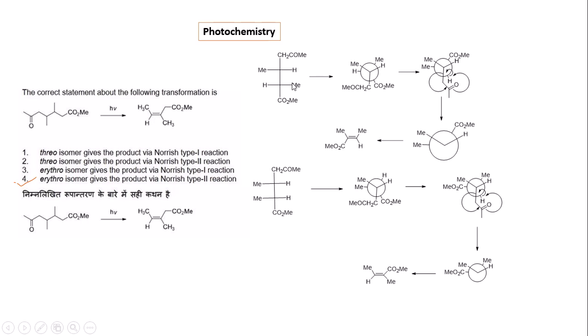In the substrate, if we take the threo compound, after the beta hydrogen abstraction and the beta CC bond cleavage, we see that the alkene formed is the cis alkene, but in the given problem the alkene is the trans alkene. So after the CC bond cleavage, the erythro isomer is the proper stereochemical conformation, and we get the trans alkene. So the erythro isomer gives the product via the Norrish type 2 reaction.